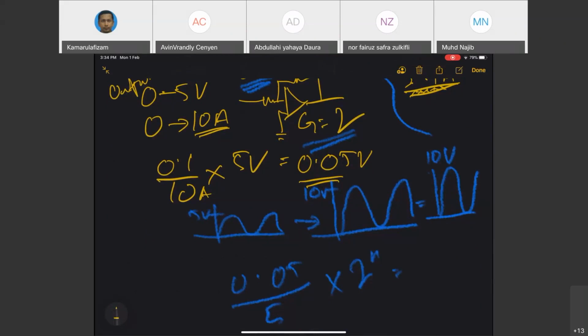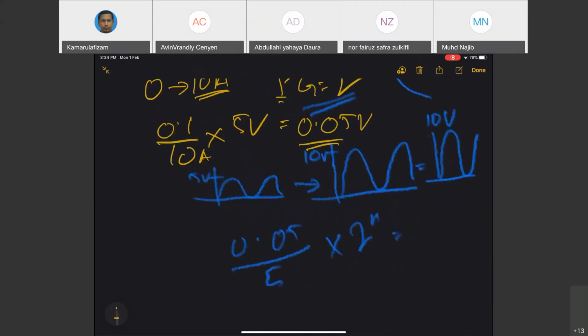Berapa guys? 10. 10 bits. Betul ke? My formula can be wrong here guys. Guna formula yang tadi just now in the example. Okay. Berapa bit guys? Do you calculate by N? Tadi punya formula apa?